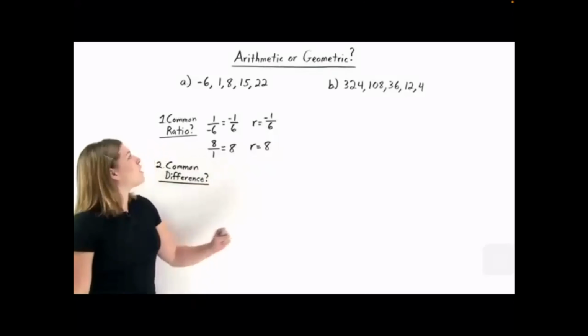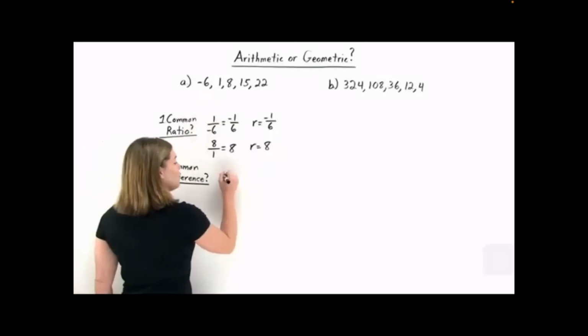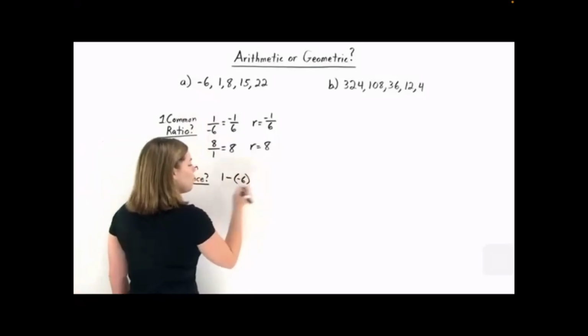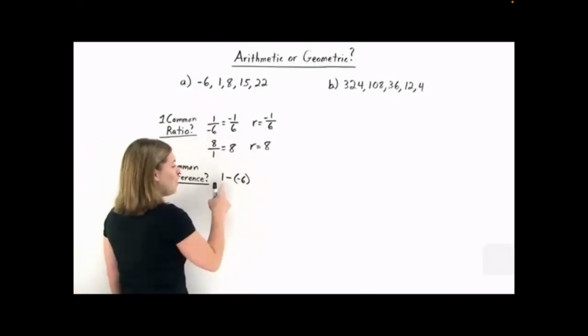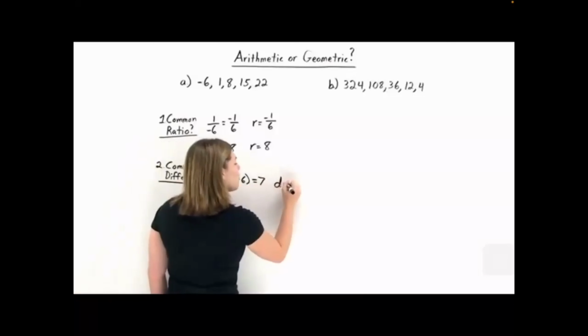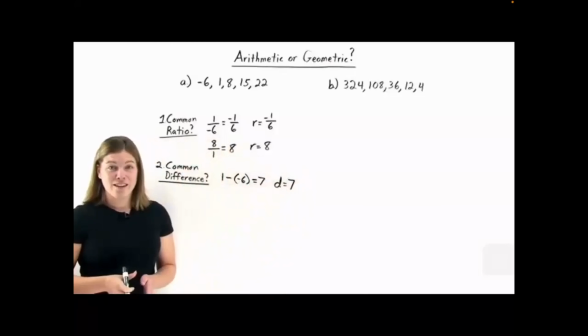Again, take a look at the first two terms, -6 and 1. To find the difference between those two terms, we take 1 and subtract the term that comes before it, -6. 1 minus -6 is 7. So here we're proposing that d, the common difference, is 7.